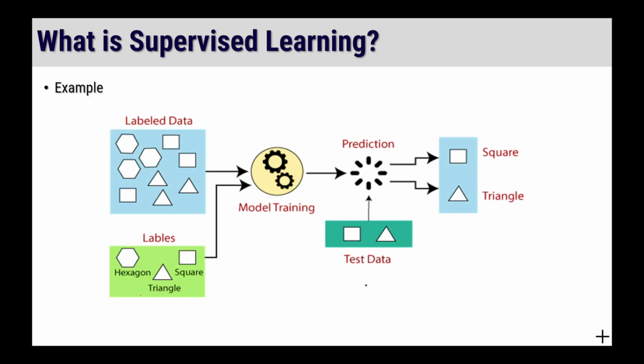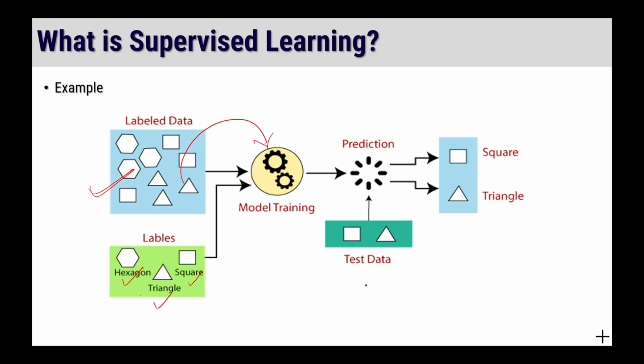See, on the left hand side, we have shapes like hexagons, squares, and the triangles. And each shape is labeled that tells what it is, like hexagon, triangle, or the square. The labeled shapes are given to the supervised machine learning model for the training. The model studies the shapes and the respective labels to understand the patterns.